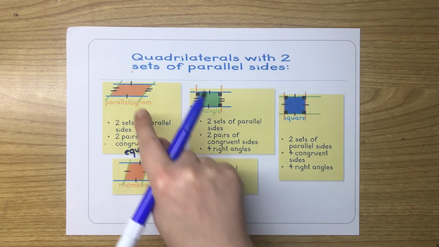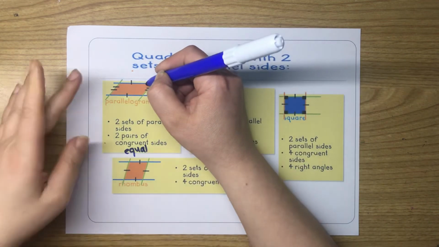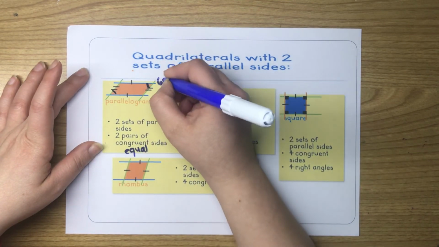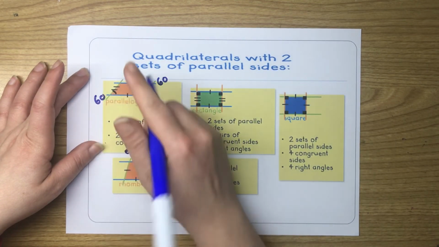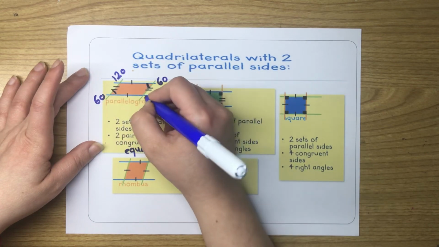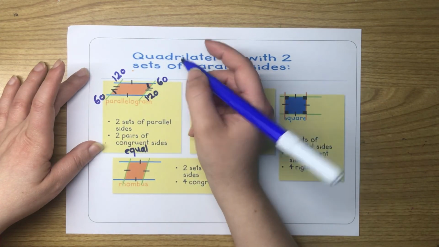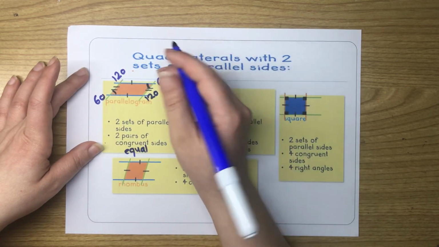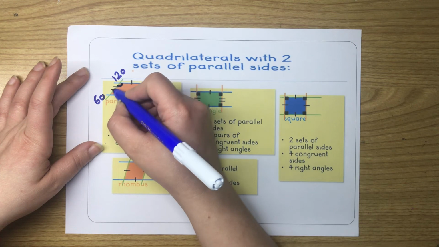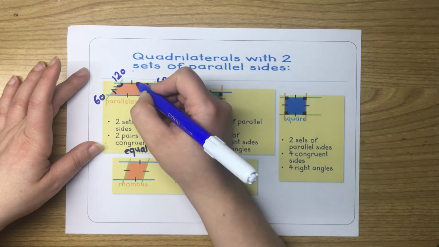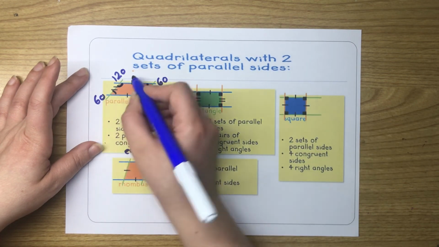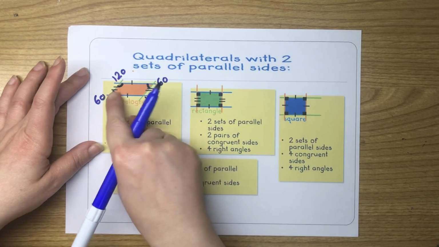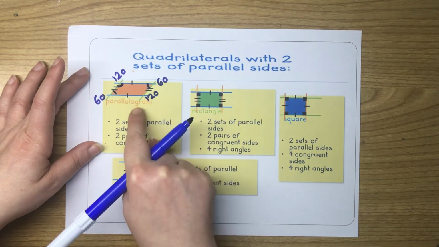The same as in parallelograms, opposite angles are equal. Let's say this one is 60 and this one is 60. This one is going to be 120 because we took it in interior angles. Remember transversal angles: 120 with 60 add up to 180 because this is a transversal line crossing two parallel lines. So opposite angles are equal for a parallelogram.